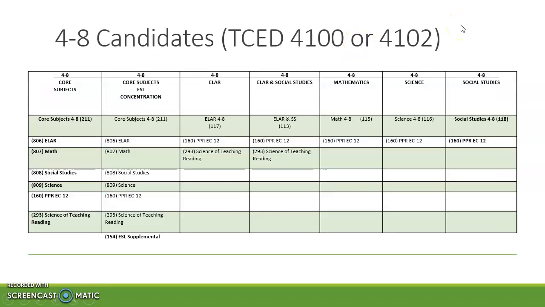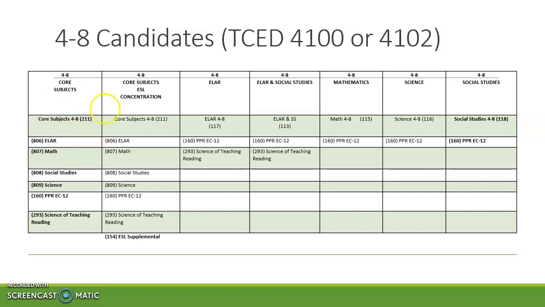If you fall under the 4 through 8 candidates, you're either in TCED 4100 or 4102. The difference is, again, the exams that you are responsible for taking. If you are subjects 4 through 8 core, 4 through 8 ESL concentration, you will be taking the core subjects 4 through 8, number 211.